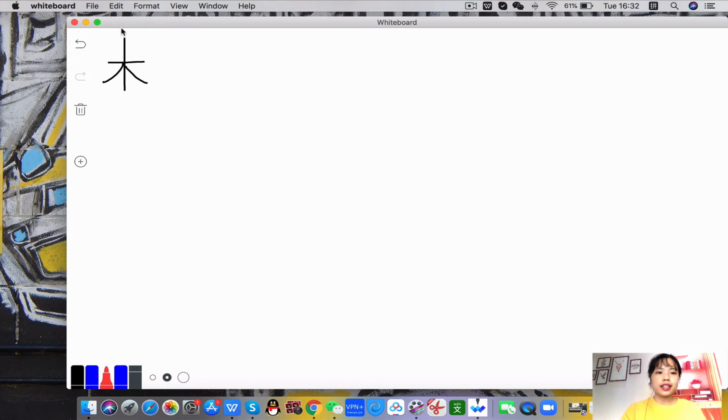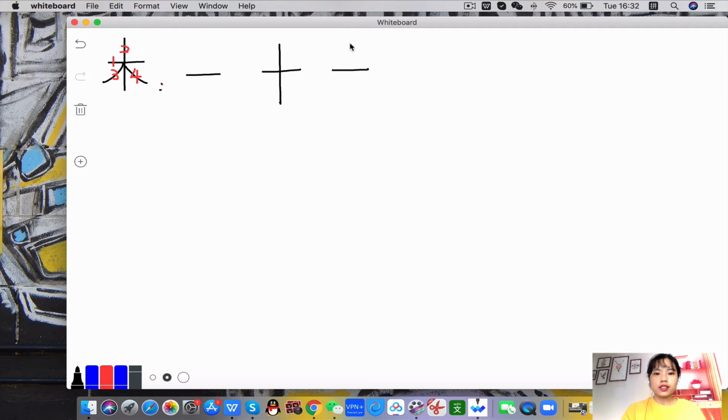So you can see this character. This is the first stroke. This is the second stroke. And this is the third stroke. This is the fourth stroke. So, okay, let's write together. First, we should write 横, from left go right. The second stroke is 竖.